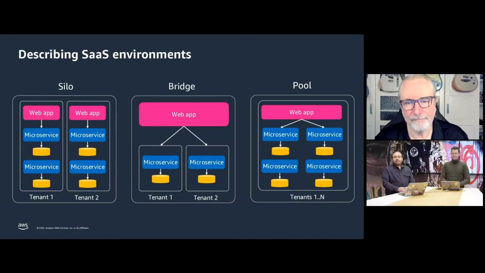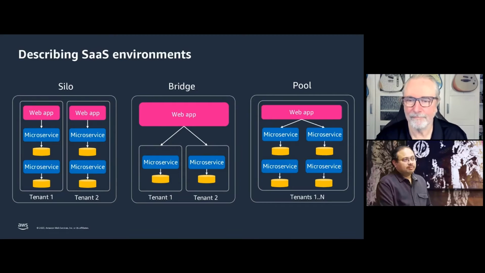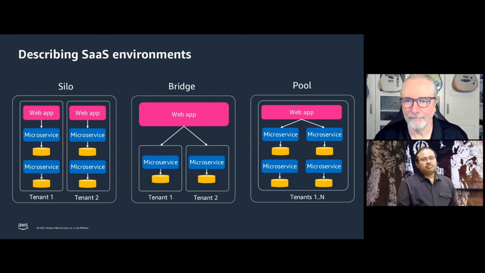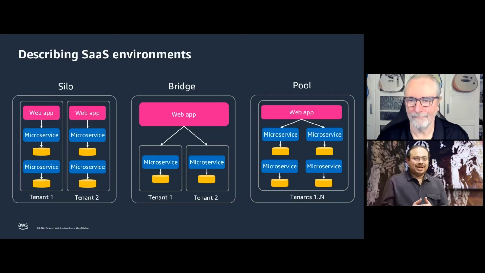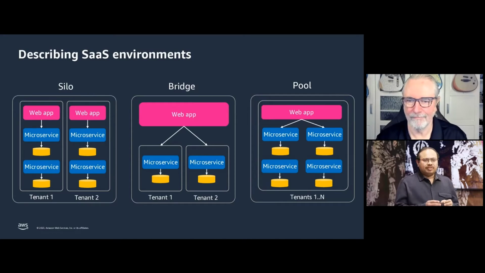Sure. When we talk about the different models of SaaS environments, of multi-tenant applications, we've come up with terminology to describe the different environments customers could be using to build SaaS applications. I'll start off with the silo model.